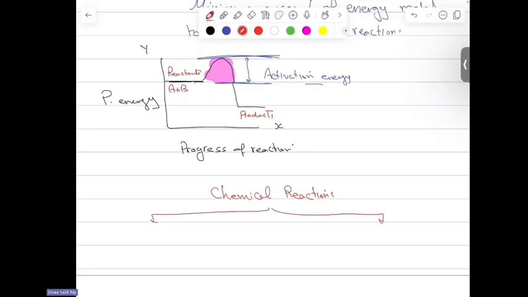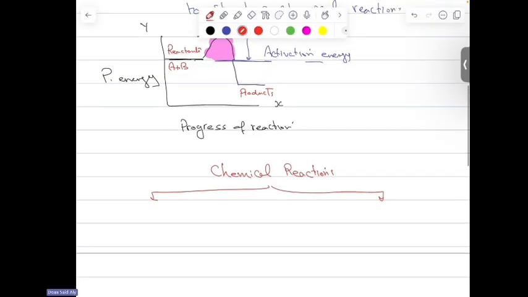The first kind of chemical reactions we call exothermic reactions. And the second type of the chemical reactions, endothermic reactions. What's the difference between them?